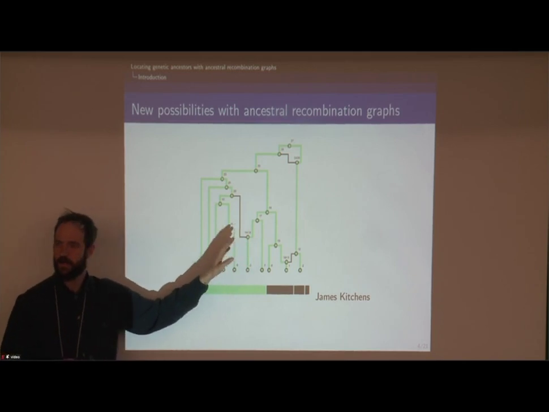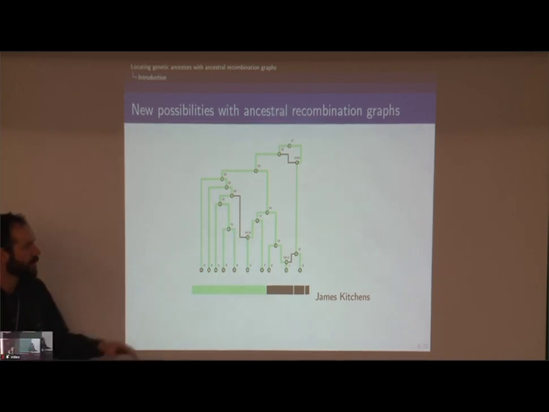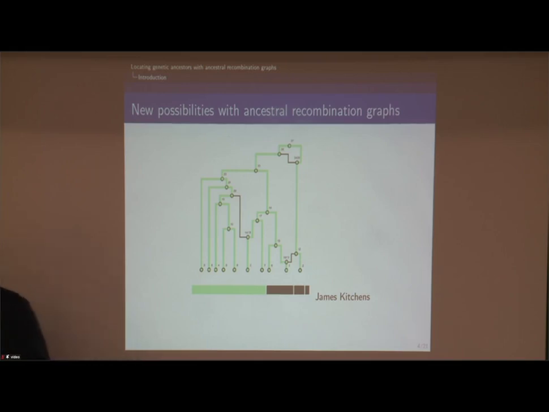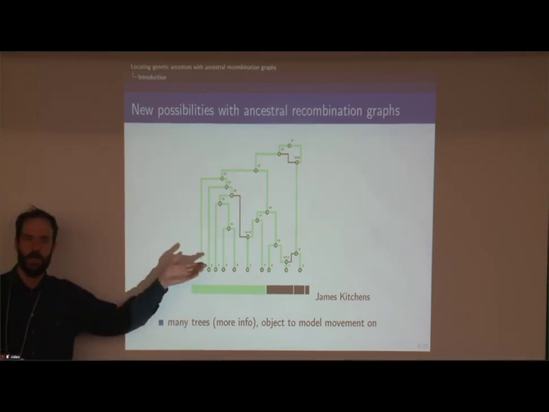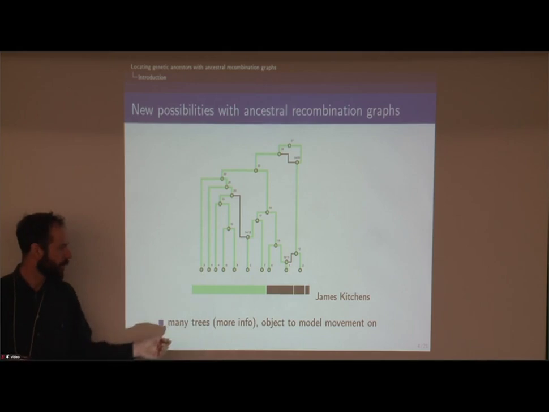I'm not going to get too much into the details of these graphs, just that with programs like ArgWeaver and Relate and CSInfer, we can now infer these graphs for recombining sequences. And the cool thing is that because we're dealing with recombining chromosomes, genomes, we have many trees.